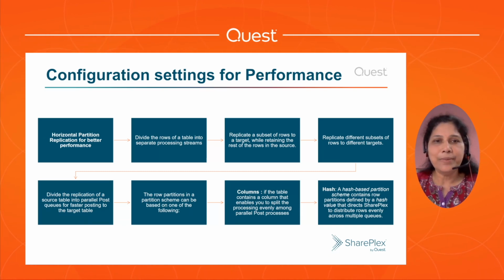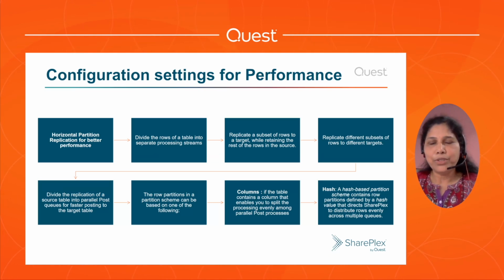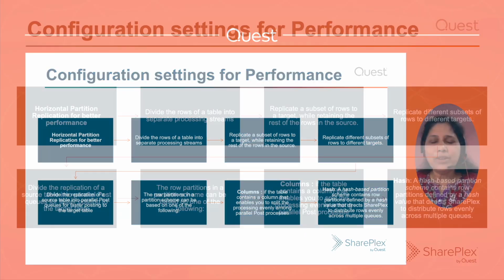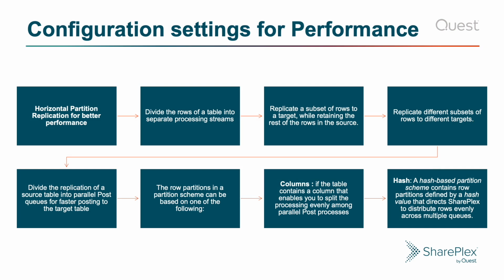Now, how do we do that? You can partition the rows based on either column conditions or by using hashing. Now, if the table contains a column that enables you to split the processing evenly among parallel post queue processes, that is perfect. But even otherwise, it's best to use the primary key for this, but you can use any other column if not the primary key.